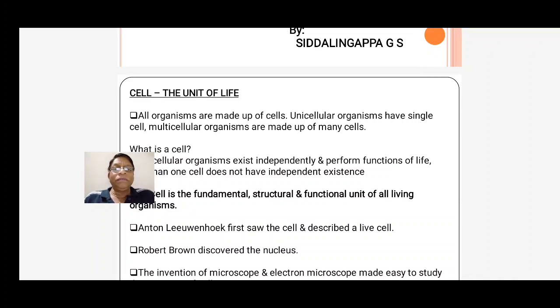It means there are two types of organisms, unicellular and multicellular organisms. Then, what is a cell, or how to define cell? So that's also very important.